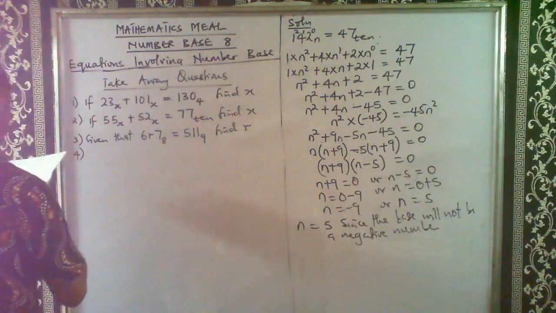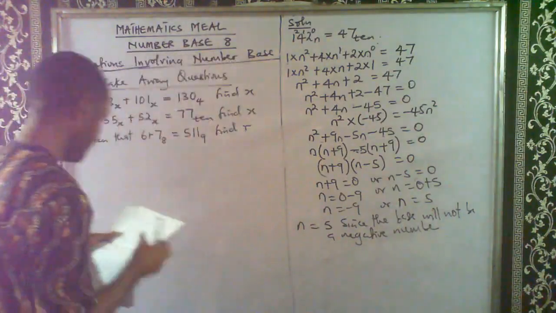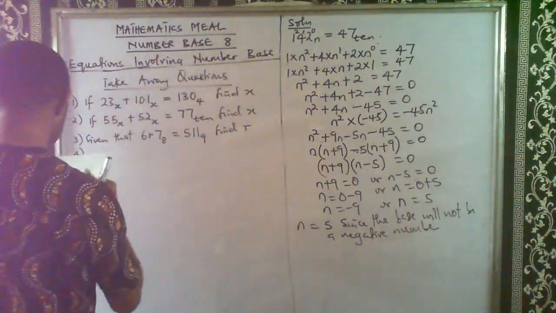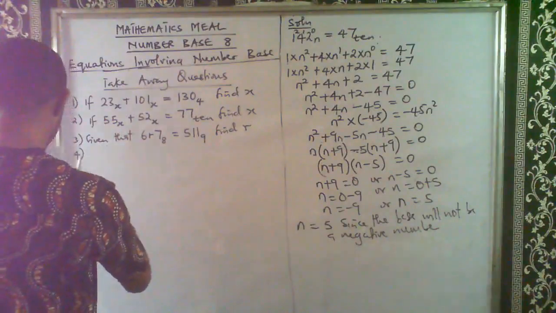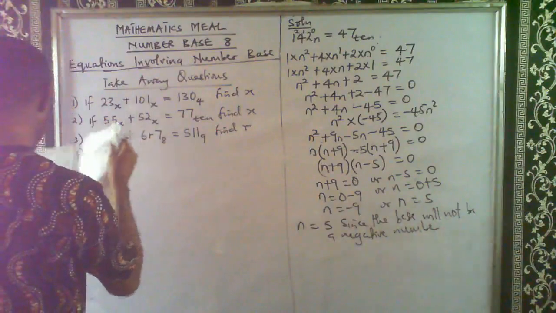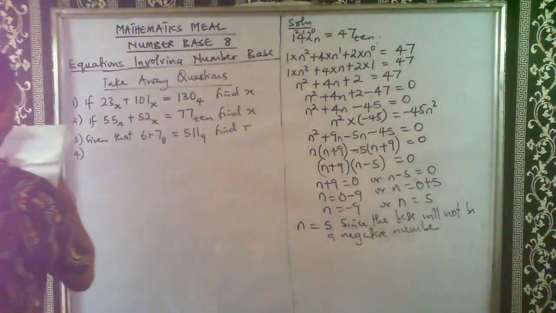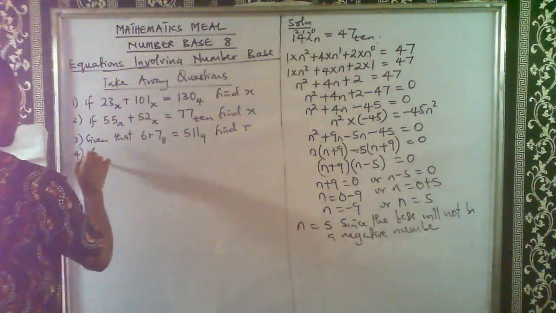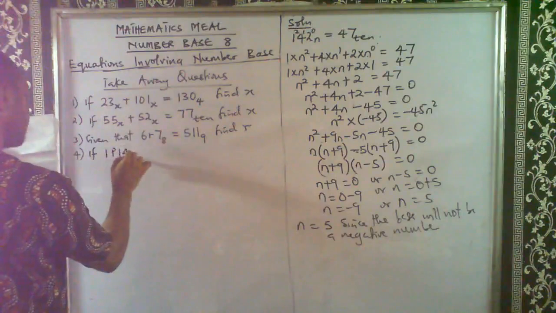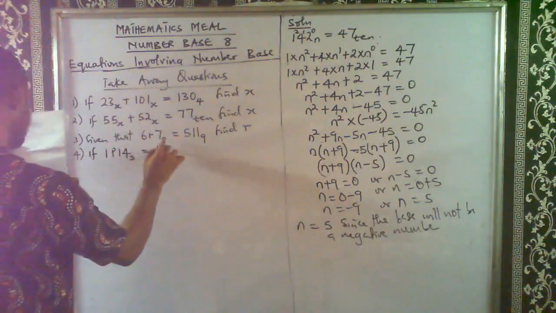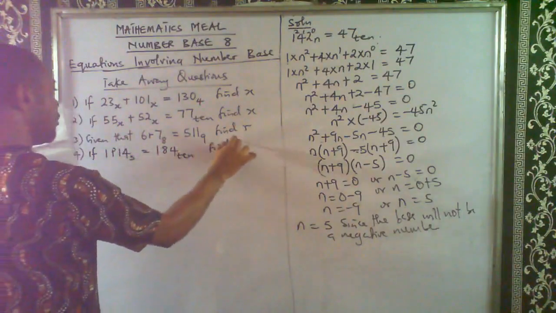Question 4. If 1p14 in base 5 is 184 in base 10, find p.